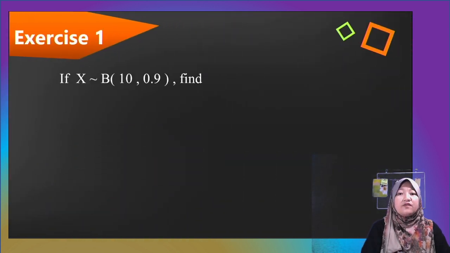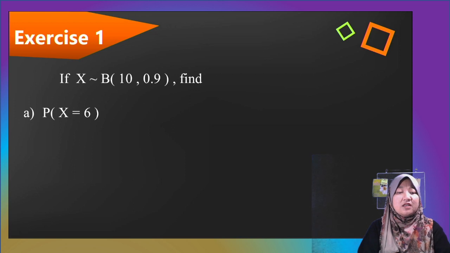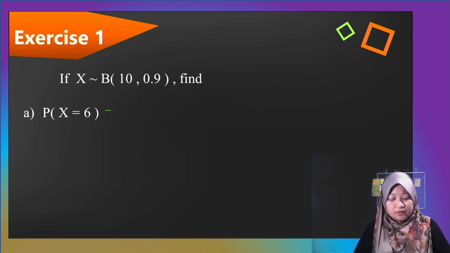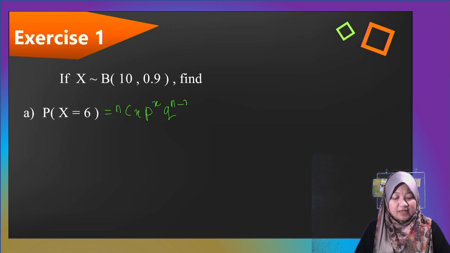Okay, look for first exercise 1. We have x distribute binomial, n is 10, p is 0.9. Okay, find probability x equal to 6. So kita dah belajar, kita dah dikenalkan dengan formula. So kita boleh cari probability x equal to 6 by using formula. So the formula is ncx, p power of x, q power of n minus x.